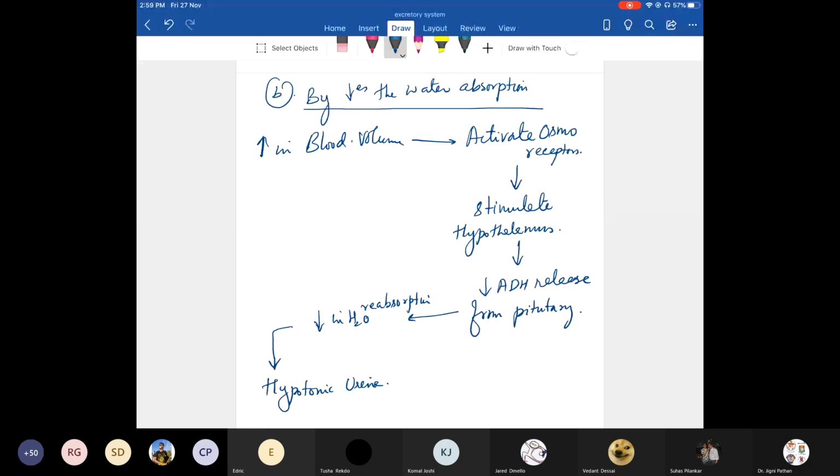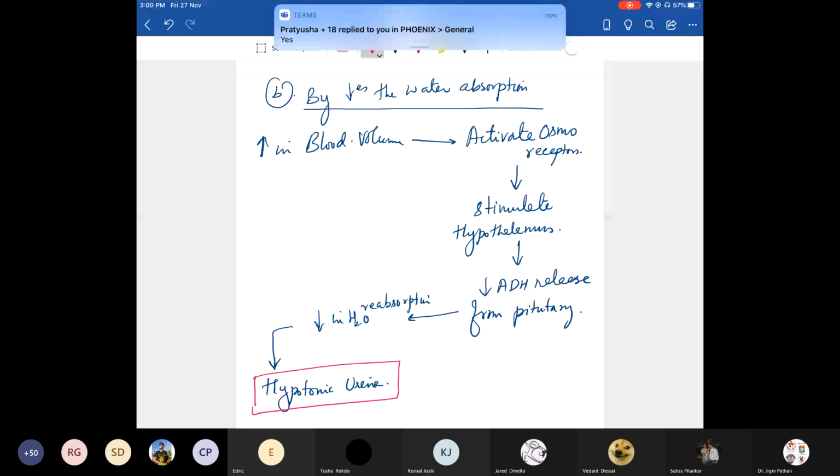You know that DCT is under the influence of the hormone. When there is less reabsorption of water, it ultimately leads to hypotonic urine. Clear? Any doubts?